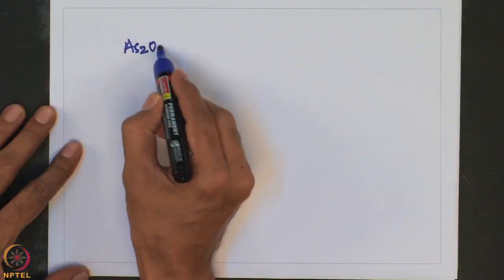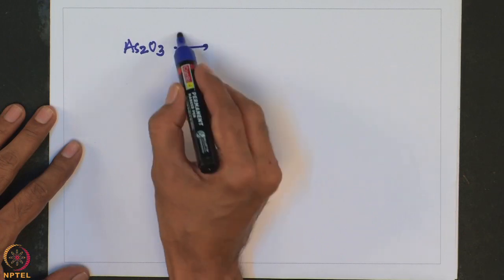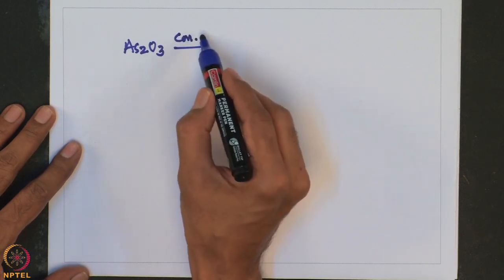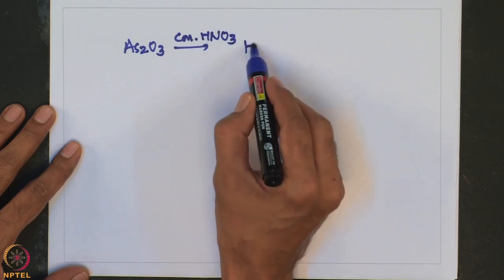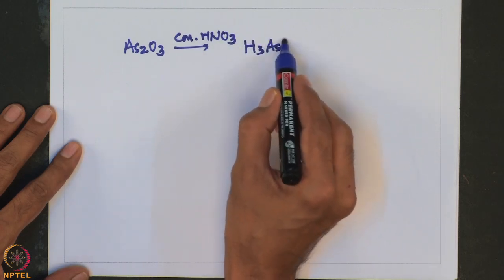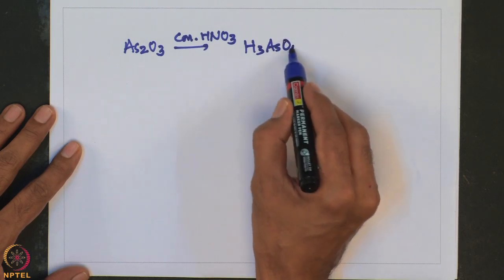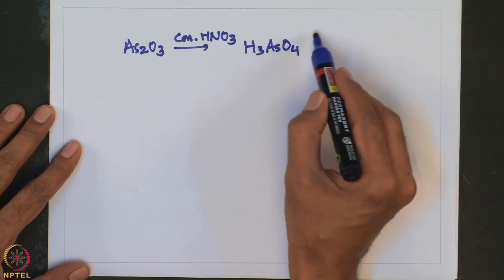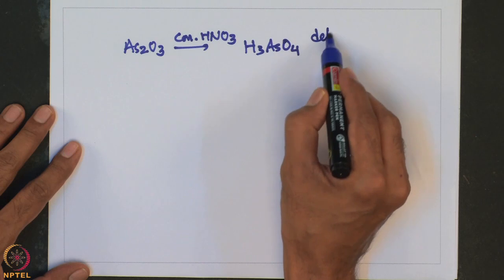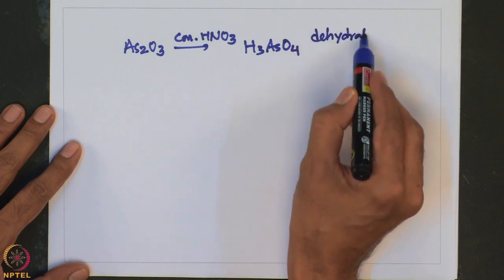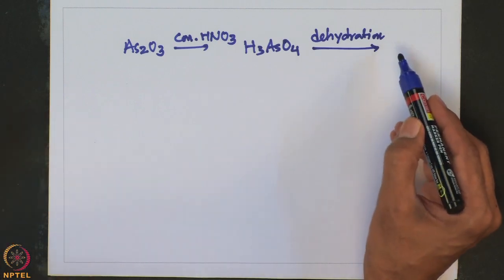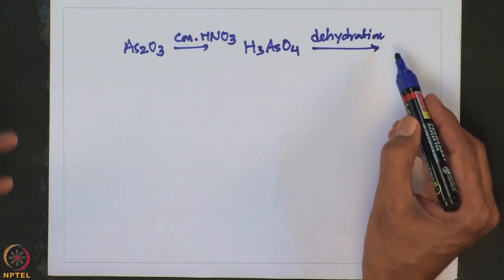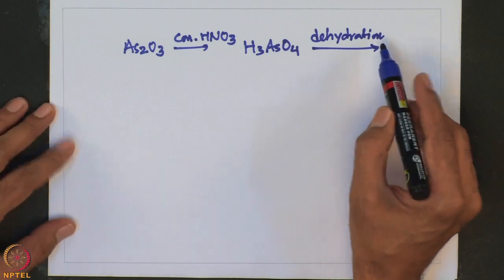So, if you take As2O3 and treat this one with concentrated nitric acid, it forms H3AsO4, similar to phosphoric acid, and this one on dehydration gives an oxide analogous to P2O5, that is phosphorus pentoxide. This is arsenic pentoxide.